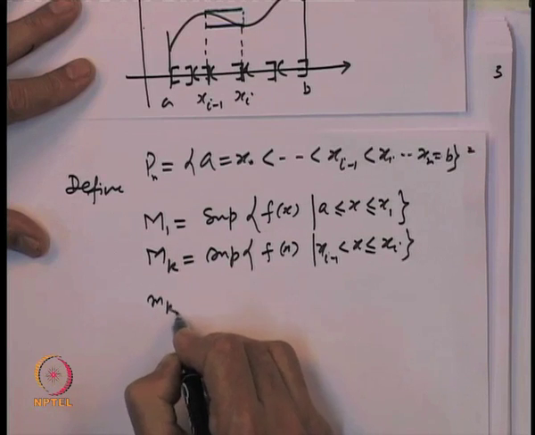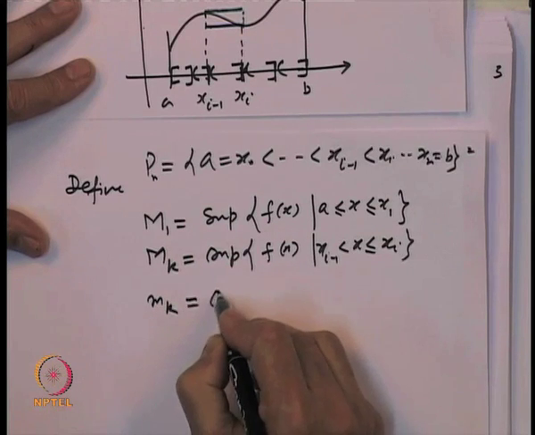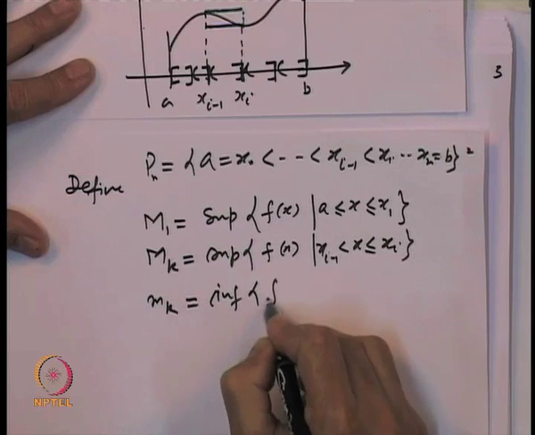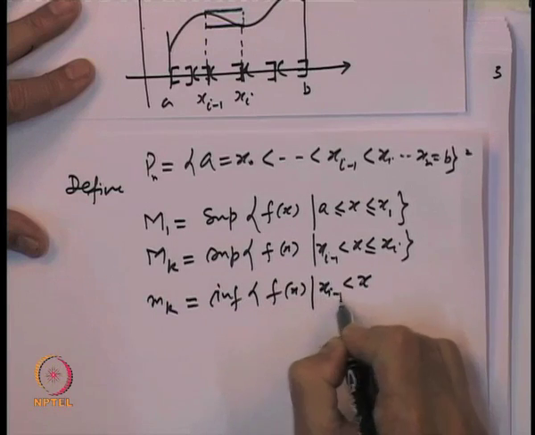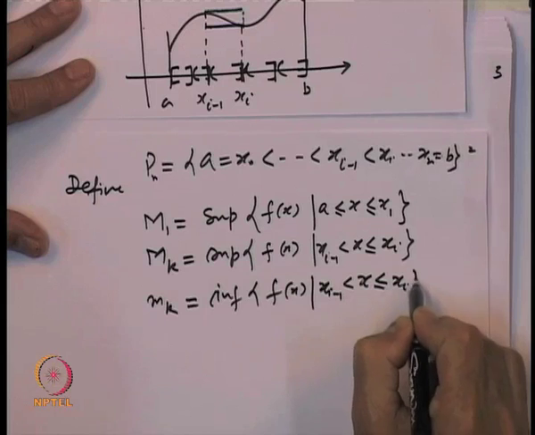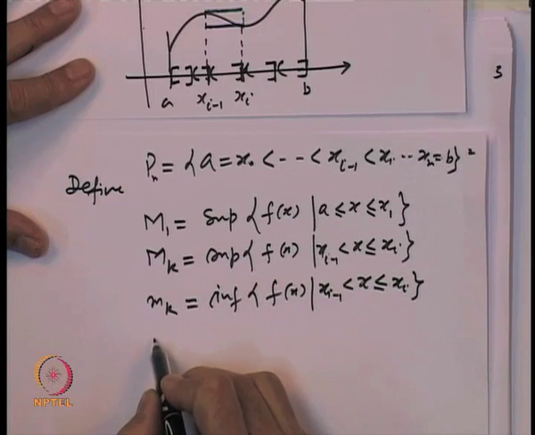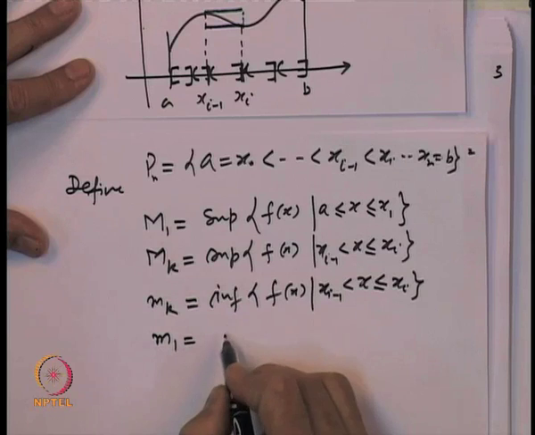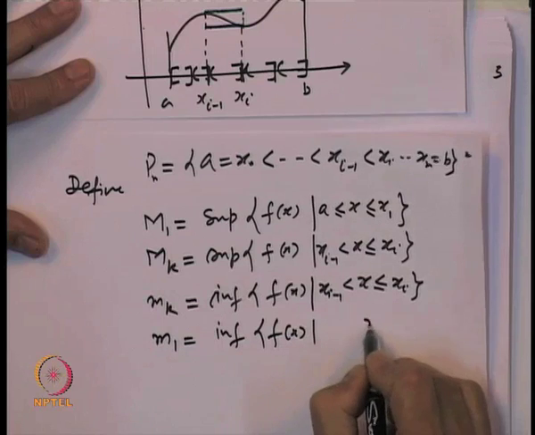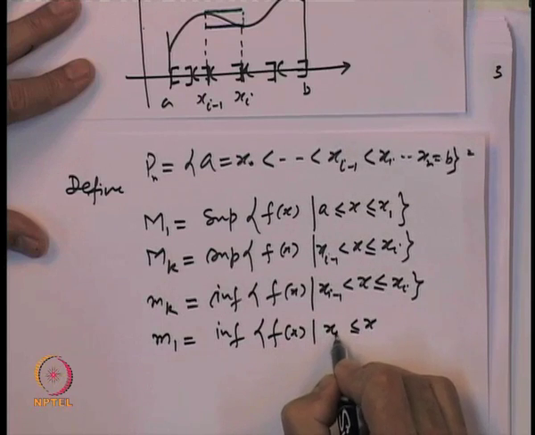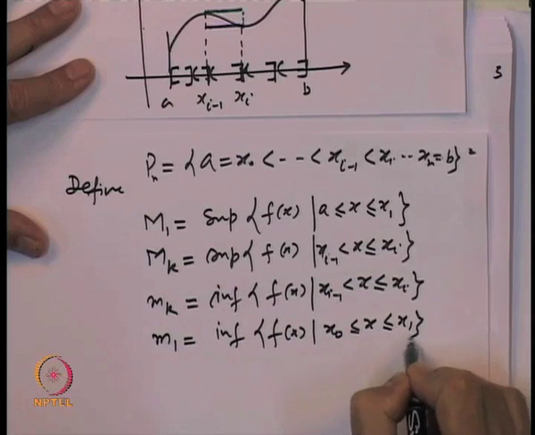Similarly, let us write m k to be equal to the infimum of f of x for x I minus 1 less than x less than or equal to x I, and m 1 to be the infimum in the first interval, that is f of x for x in x 0 to x 1.